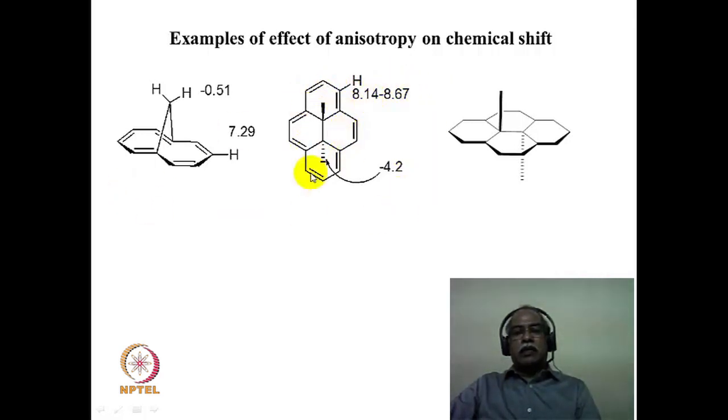As you increase the number of pi electrons, the ring current effect also increases. As a result of that, the anisotropic effect also increases. That is the reason, compared to benzene, which comes around 7.28 ppm, this 14 annulene system comes around 8.4 ppm or so.